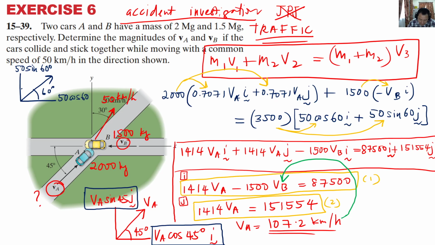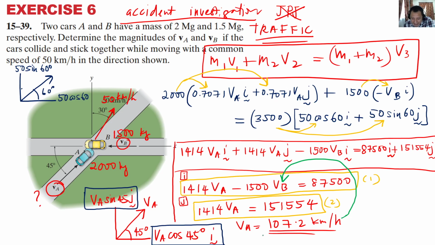Next, you take this one and substitute in VB. 107.2 times 1500 plus 87,500 divided by 1414, that gives 175. So fast. Do it properly.